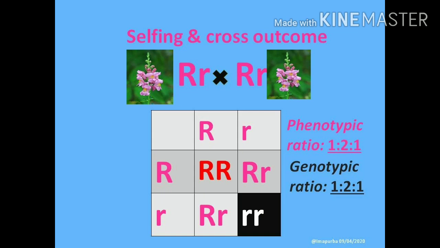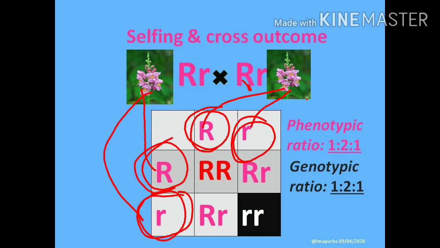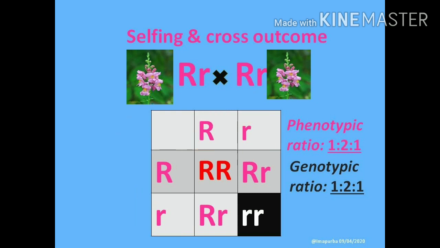From both F1 hybrids two gametes arise, capital R and small r, and they cross, resulting in progeny of one red, two pink, and one white. So the phenotypic ratio is 1 red, 2 pink, 1 white, 1:2:1.